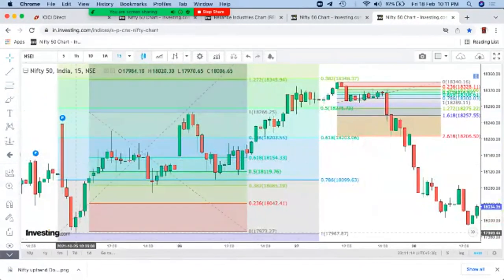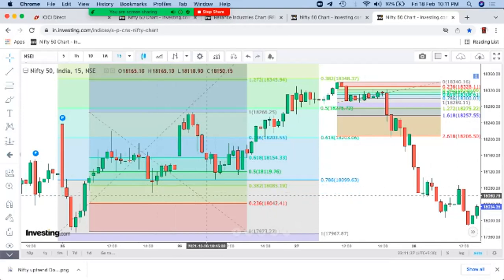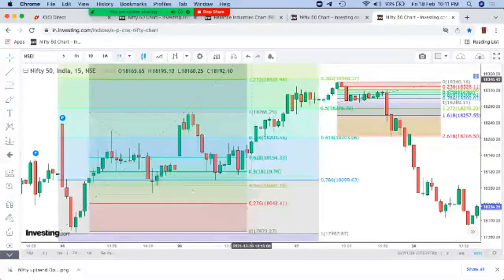Right, so this was the low, this was the high, again I got a reversal. If you see this kind of price action, probably this has happened today also. The low was being formed, it went up, again it tried to come down, but it didn't cross the previous low, or maybe it just crosses the low and then it starts coming up, but not below this 0.236 level or 0.5 levels. Right, it did come up, and where did it touch exactly? My 1.272 level.